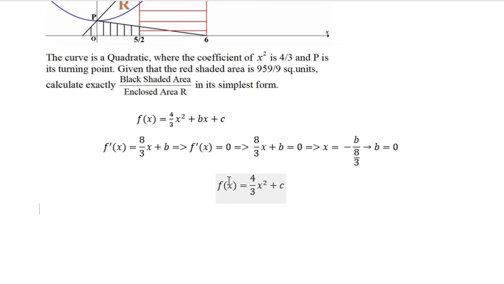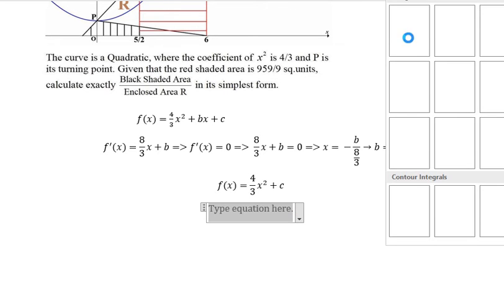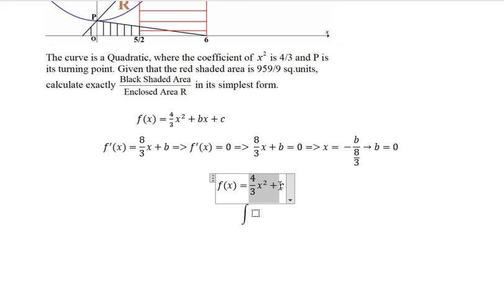We put them into the integral, put in 5 over 2 and 6, and we get this.